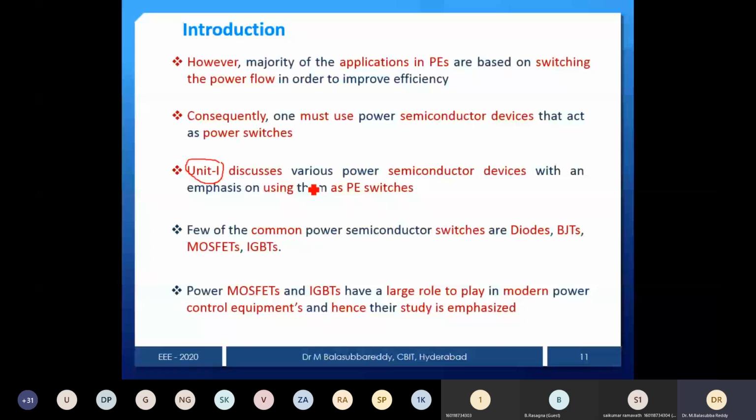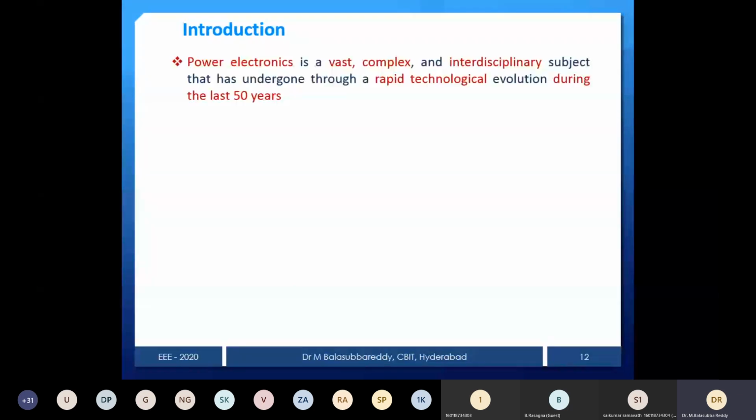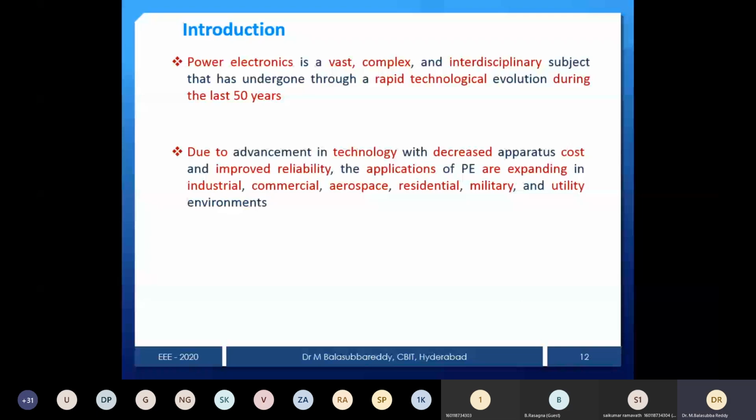In the last 50 years, power electronics technology has improved very rapidly. Due to these advantages, many industries are adopting these control strategies. Application is extended to industry, commercial and aerospace, then residential, military and utility environments. So in many areas, power electronics is adopted.